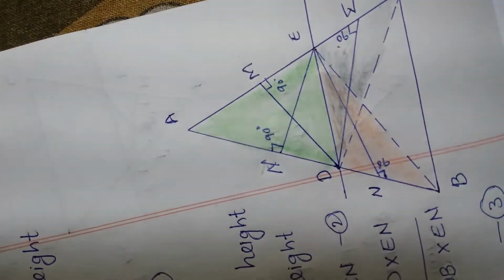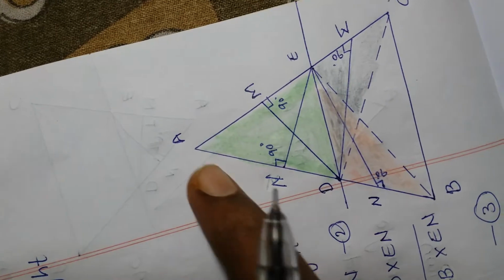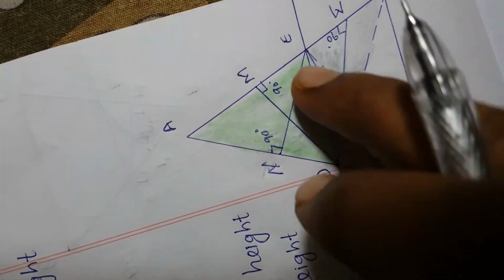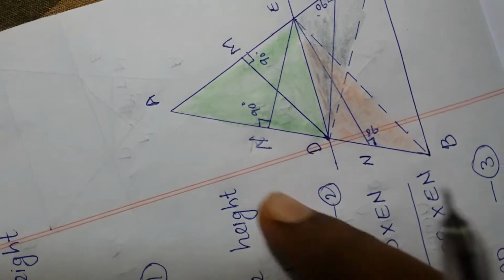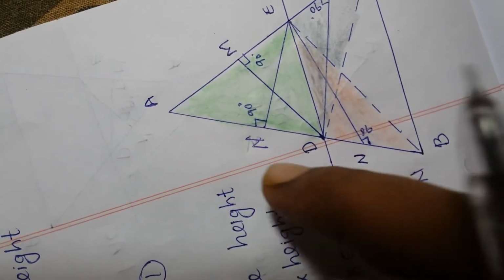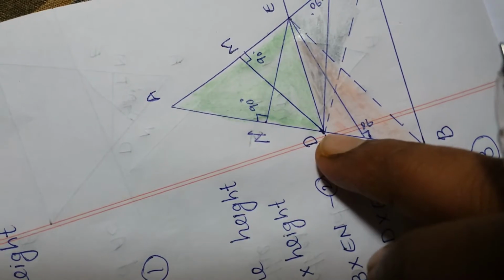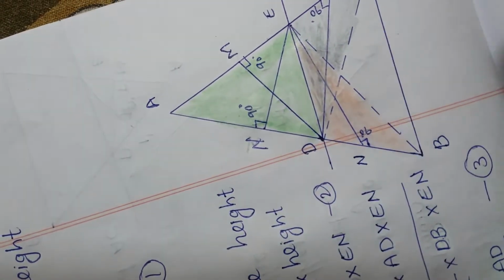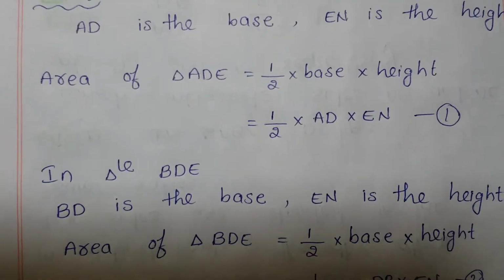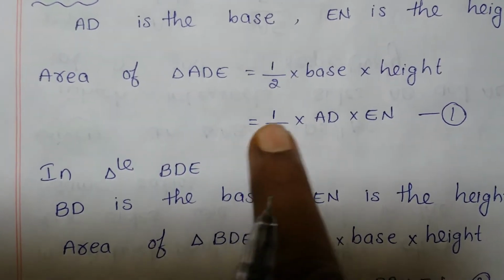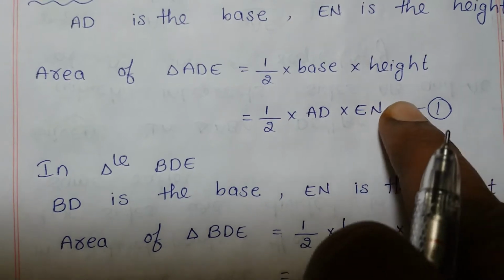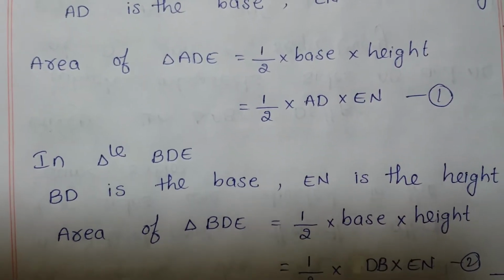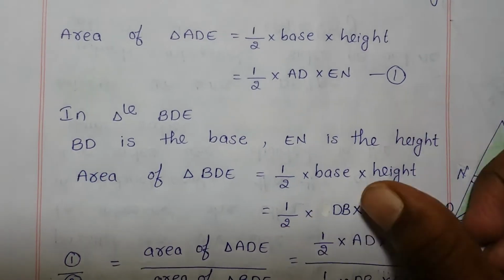In triangle ADE, AD is the base, EN is the height. Area of a triangle is nothing but half base into height. So area of triangle ADE is half into AD into EN. So this is equation number 1.